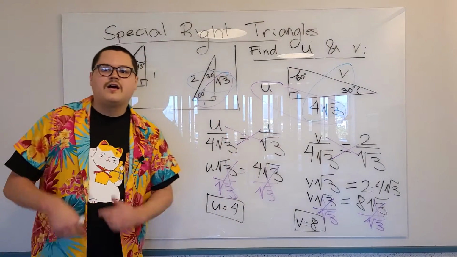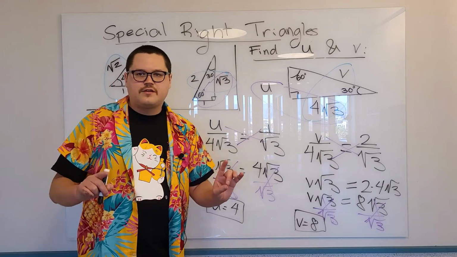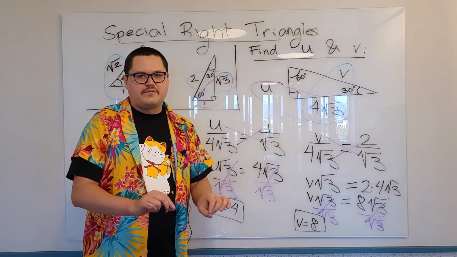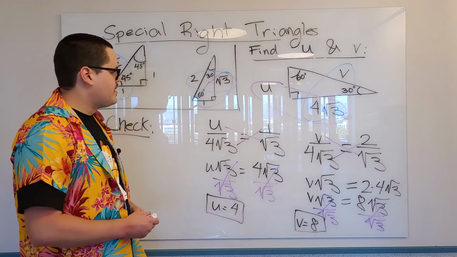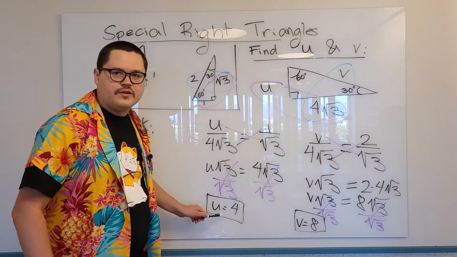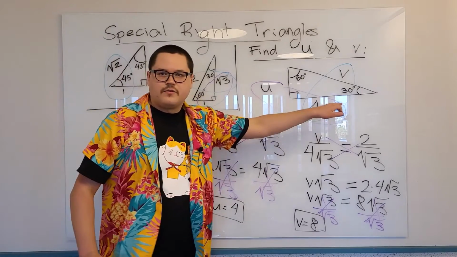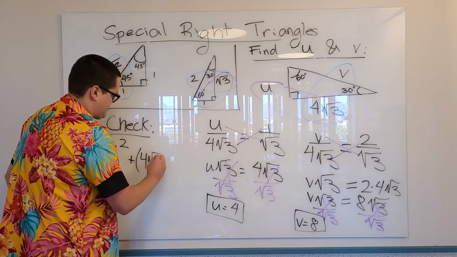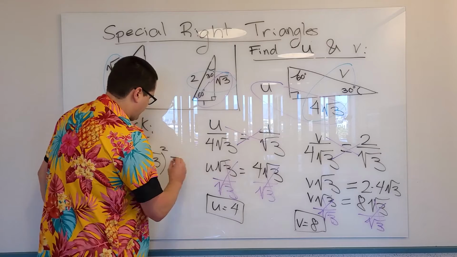The other check: Pythagoras. So if we take the two smaller sides, meaning the small and the medium side, square them, and add them together, they should be equal to the square of the long side. Let's do it. So the small side is u, and we know that's 4. The medium side is 4 root 3, and the long side is 8.